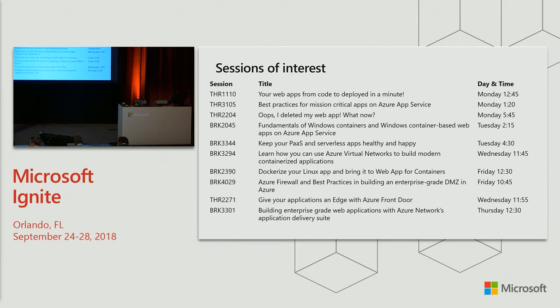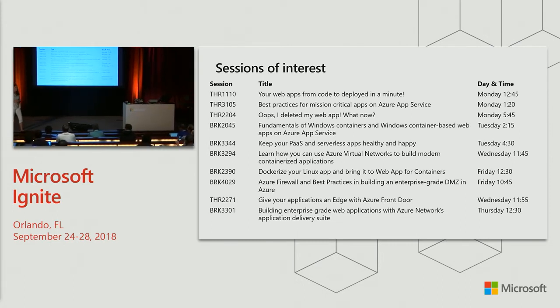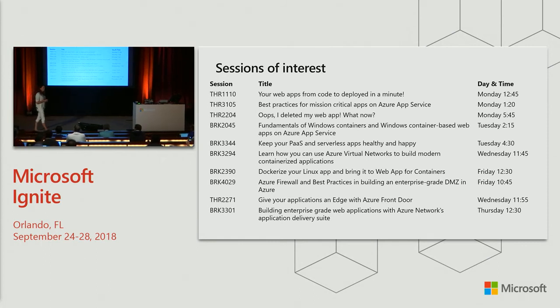The question is, for the new VNet integration capability, is there a charge for it and for bandwidth? It requires you to be in a standard plan, but there's no additive charge like buying a gateway.